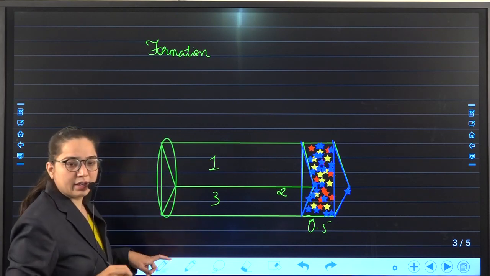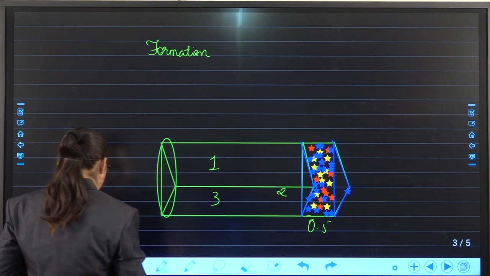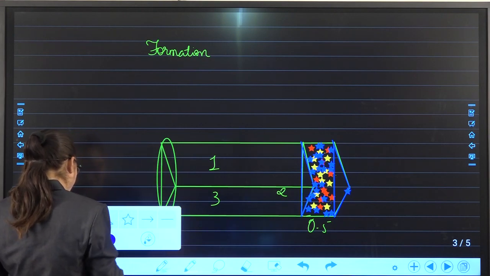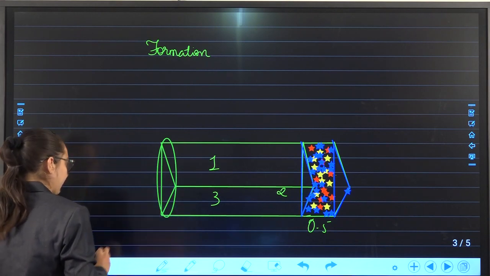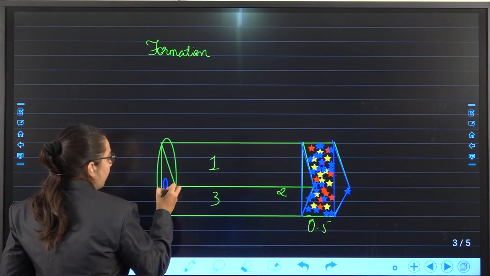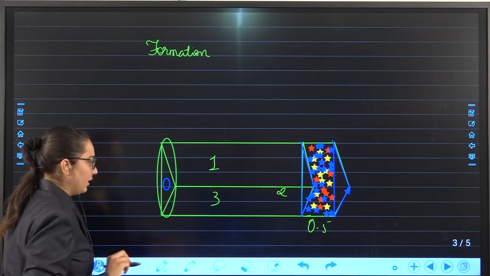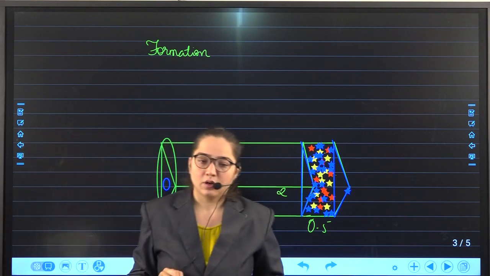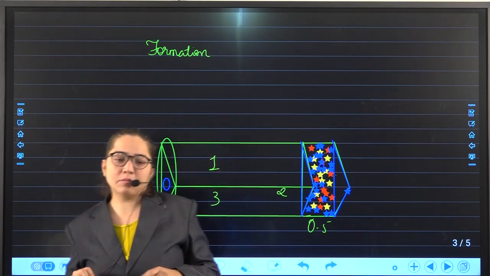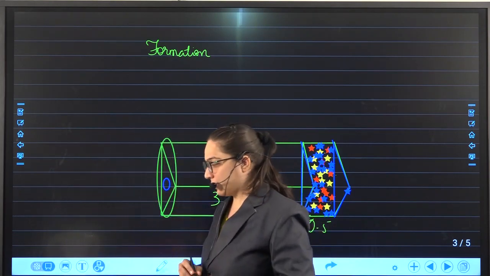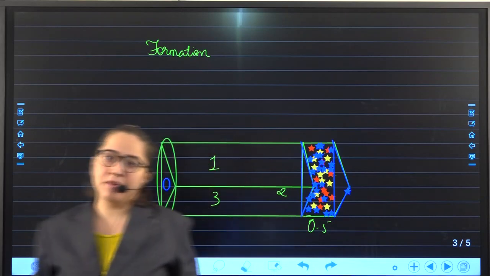In this way, and there will be a hole in the center through where you can see it. Because when it will be wrapped by cardboard, it will look somewhat something like this. Make it, then we'll move further.